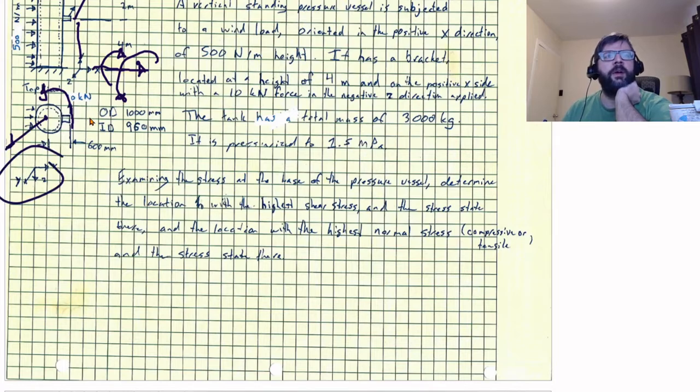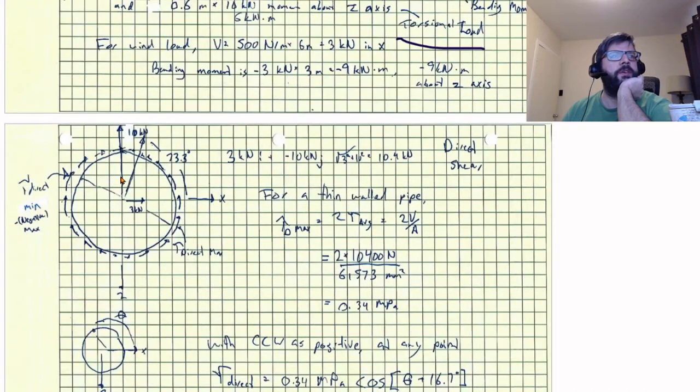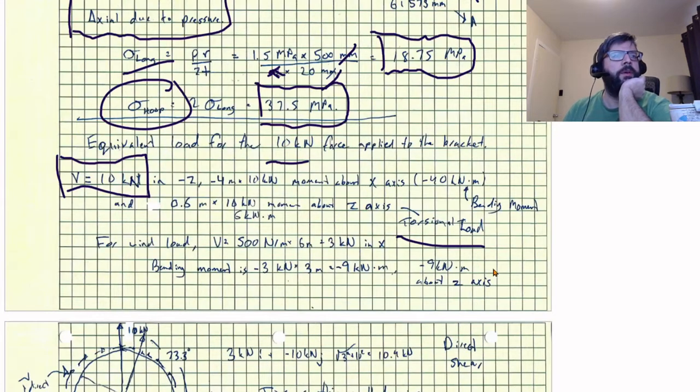So that is a counterclockwise force, and that results in a positive moment about that axis. Magnitude is 0.6 meters times the 10 kilonewtons, or 6 kilonewton meters.